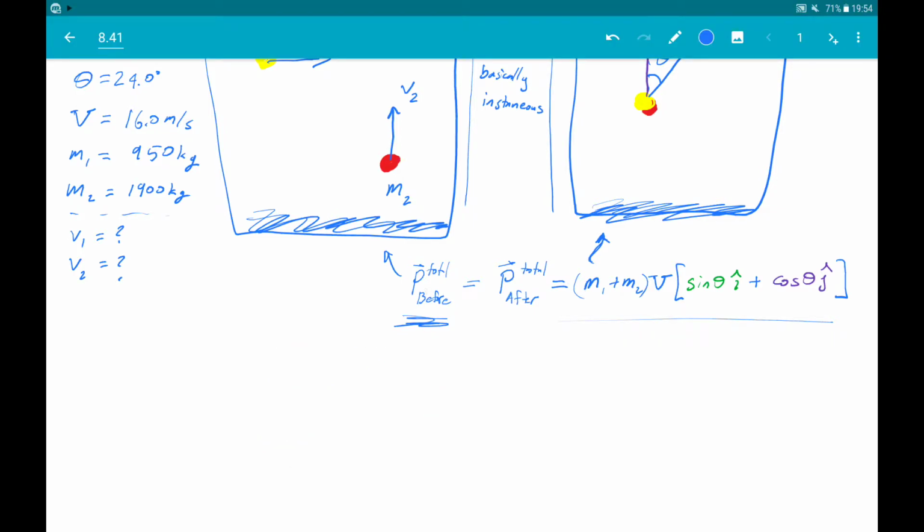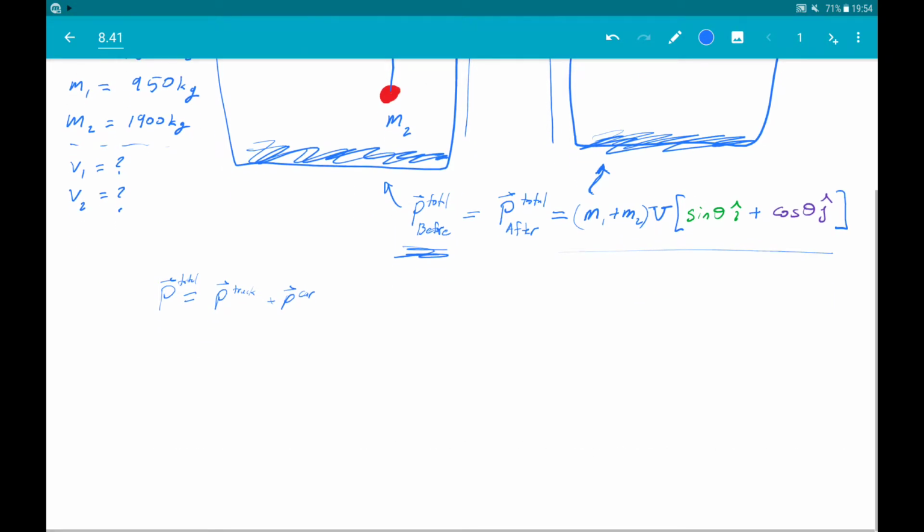Okay, so what is P total before? That's going to be the momentum of the truck plus the momentum of the car. The momentum of the car is m1 v1 i hat. The momentum of the truck, m2 v2 j hat.